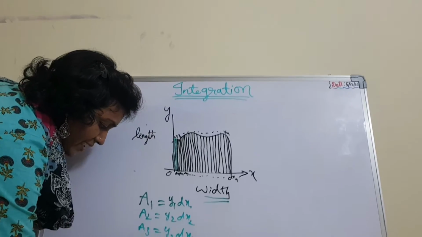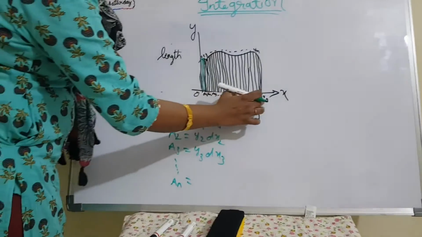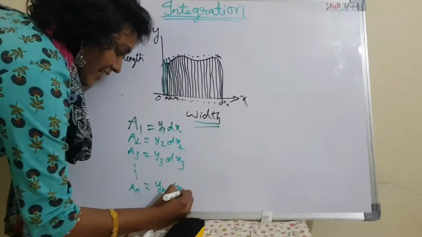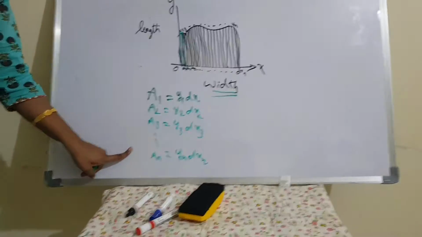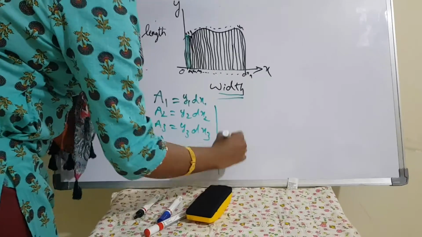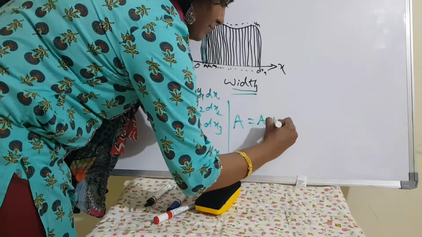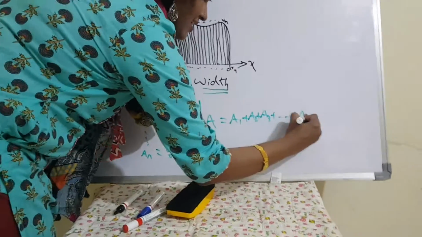Like that, how many terms are we taking? n terms here, xn and yn. yn and dxn. We are adding all these areas. What will we get while adding these areas? A is equal to a1 plus a2 plus a3 and so on up to an.